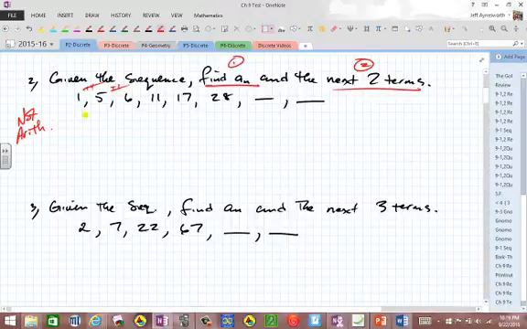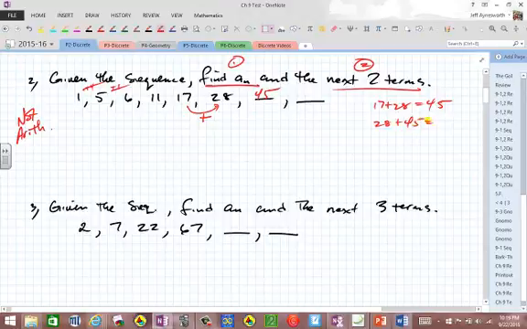If we add these two terms, 1 plus 5, you get 6. 5 plus 6, you get 11. 11 plus 17, you get 28. 17 plus 28, you get 45. 28 plus 45, you get 73.